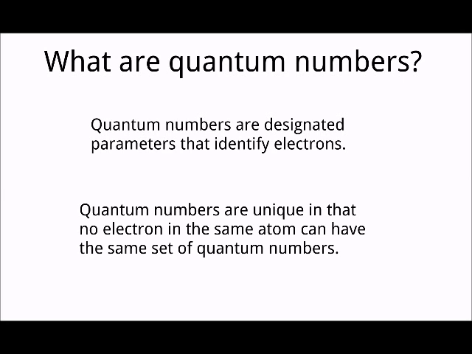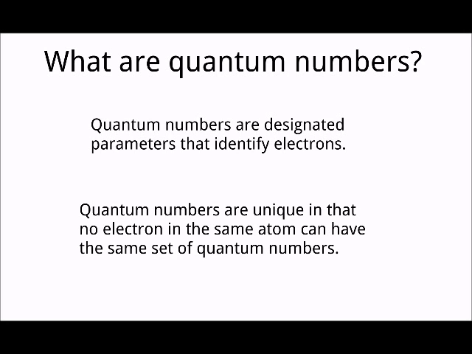So the first thing I want to talk about is what are quantum numbers. Quantum numbers are a set of designated parameters that are used to identify electrons and the orbitals that those electrons occupy. So they're almost like addresses or fingerprints that will identify individual electrons, if you will.